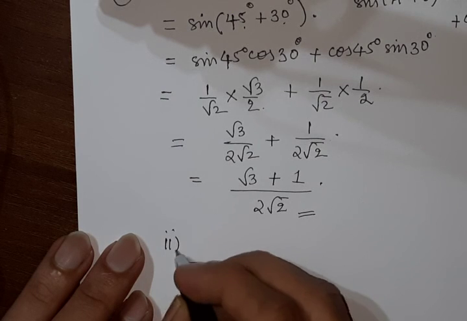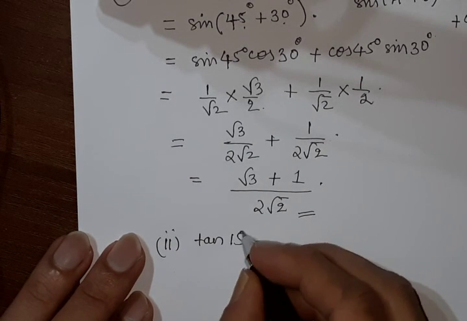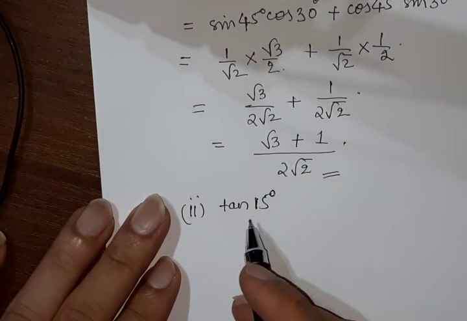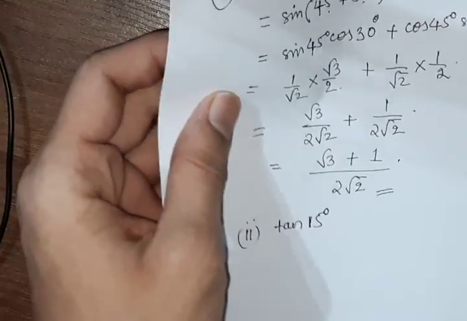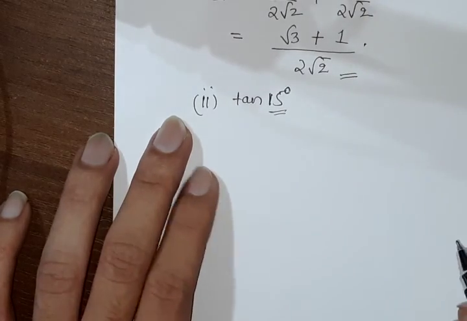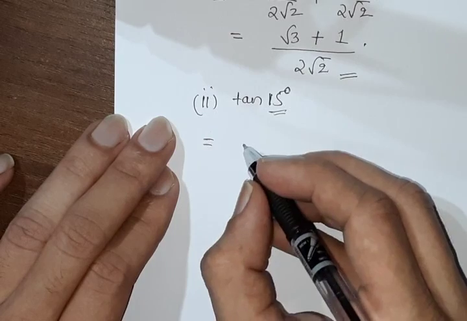Now let us look at the second problem, that is tan of 15 degrees. Again here you don't know what is tan of 15 degrees directly from the table. So we have to write this 15 as some angles for which you know the tan value.